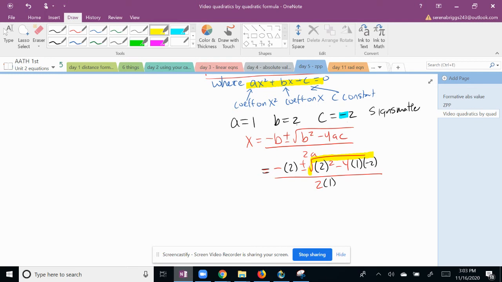And under the square root, I see exponents. So by GEMS, one of the first things I'm going to do is square that to 4. Then I'm going to multiply on the same step. That product changes to either an addition symbol or a subtraction symbol.